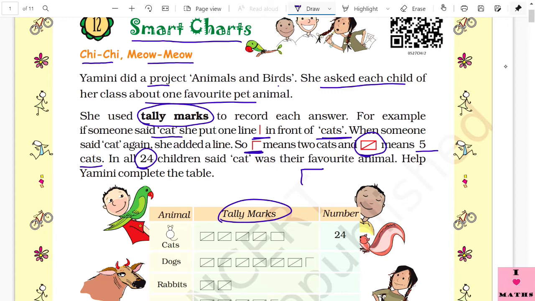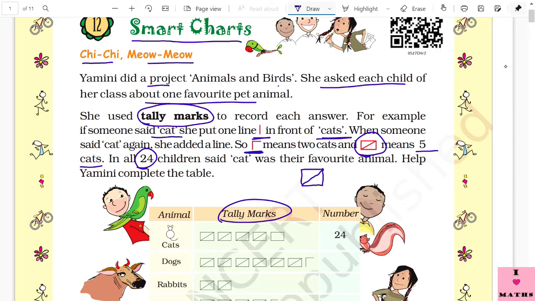Next time, we draw a line like this. This means three things. Next time, we draw a line like this. This means four things. And next time, we draw a line like this.